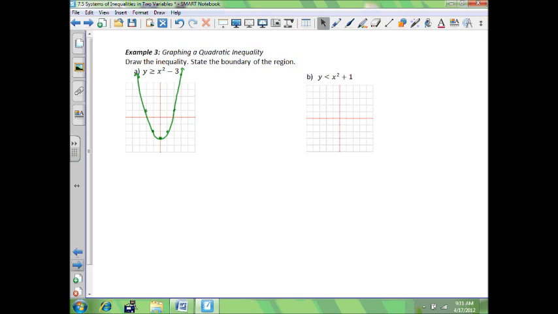So that's our parabola right there. It's the x squared function pushed down 3. Now it says greater than that. Well, let's choose a point on the inside. Let's choose the origin. If I choose (0, 0), 0 is greater than or equal to -3. So that actually is where our region is.